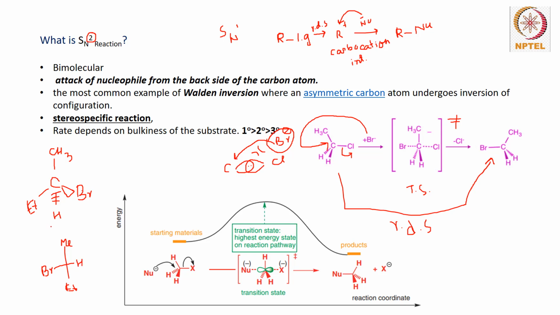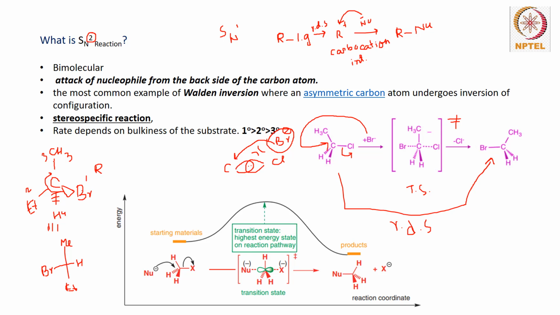If you read about stereochemistry, you will know how to draw a Fischer projection from this flying wedge projection. According to priority, it is 1, 2, 3, 4. It will go from this to this side, so it will be R.